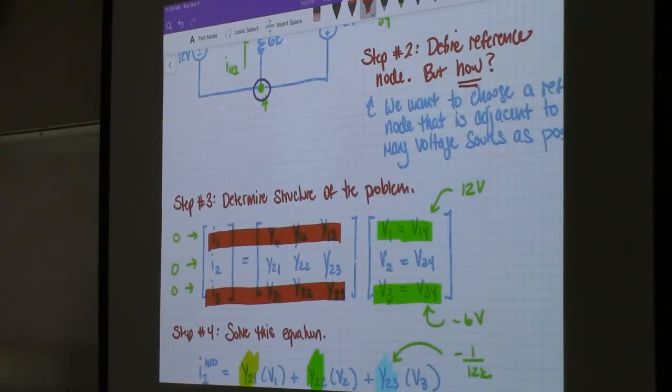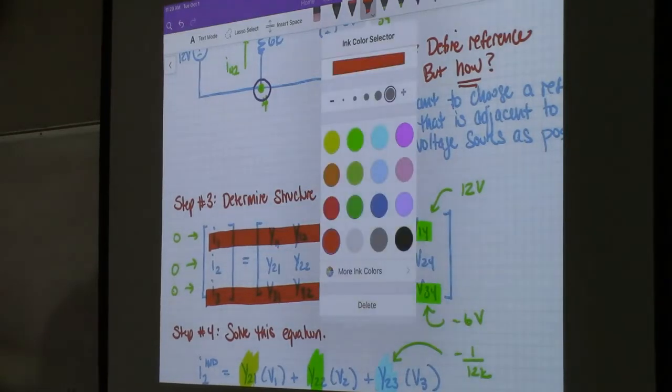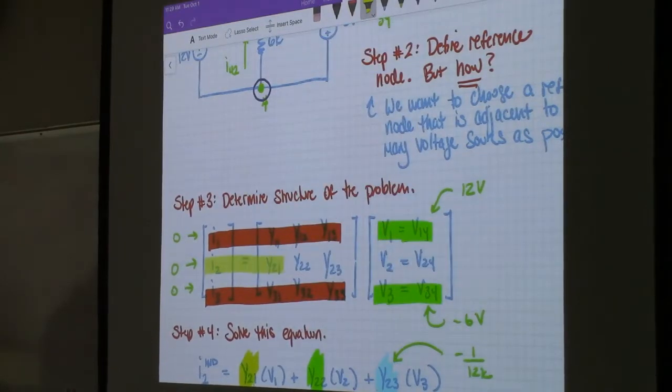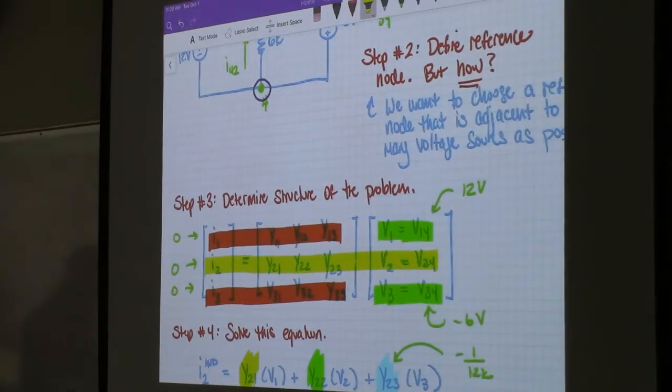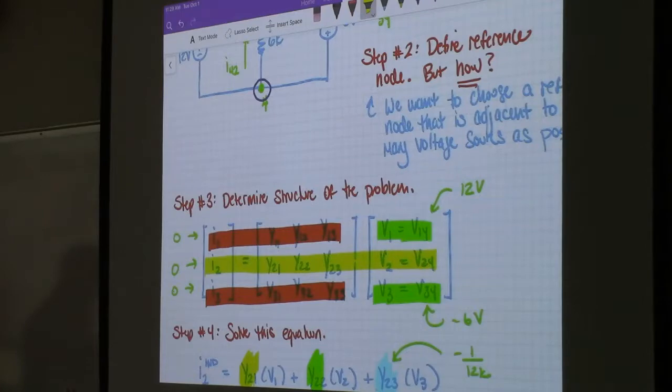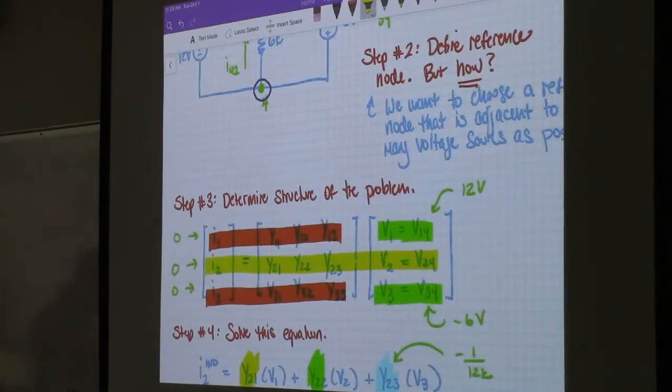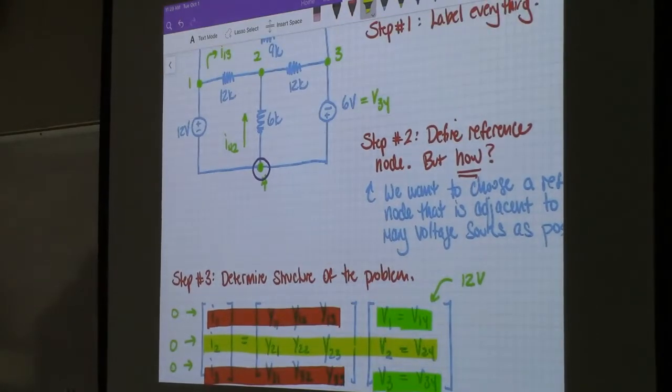And so what we're left with is now a single equation that we have to solve. Yes? It's -6 because the direction is inverted upside down.